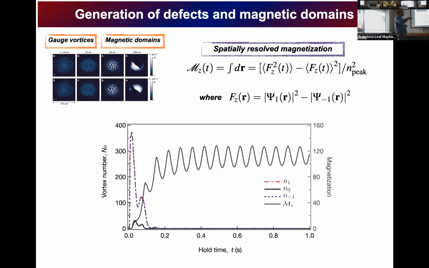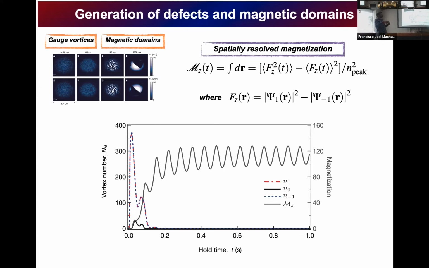This is what you see here with the dashed lines. So you see that during the almost exponential transfer of atoms between the different hyperfine levels, you see a very sharp increase in the number of vortices, while when they start to annihilate, the number of vortices decreases, and eventually in the coarsening stage tends to 0.